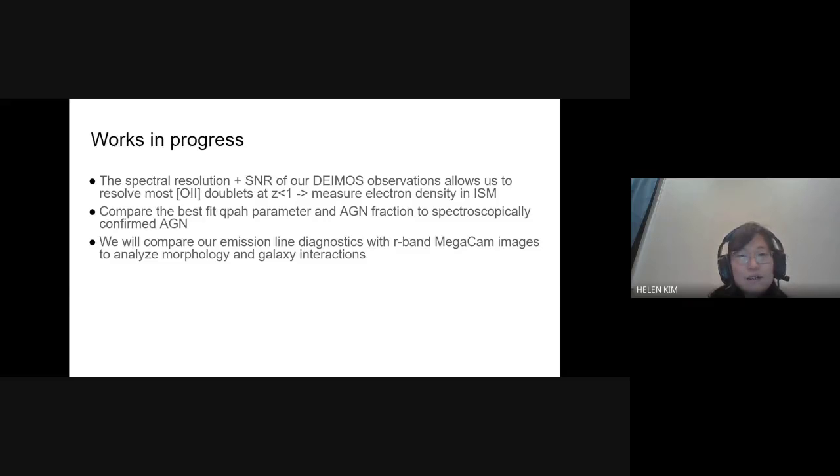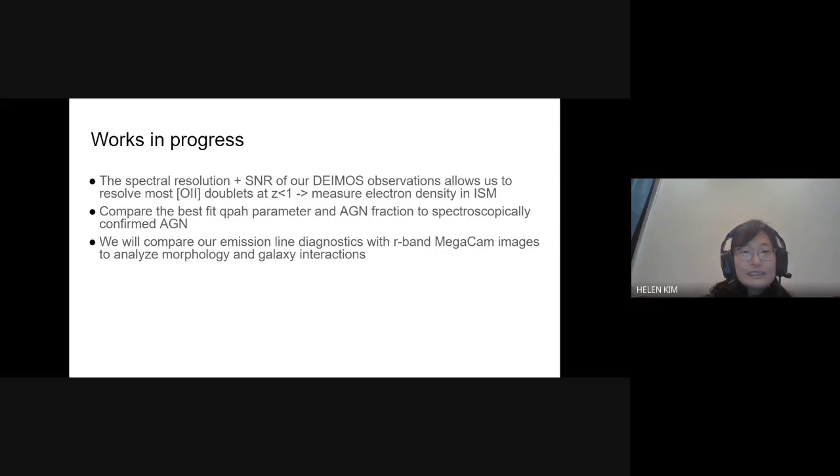Okay, so some of our works in progress include measuring the O2 doublet to get the electron density in the interstellar medium. The spectral resolution combined with the high signal to noise ratio of our DEIMOS observations allows us to resolve most O2 doublets, which allows us to make this measurement.